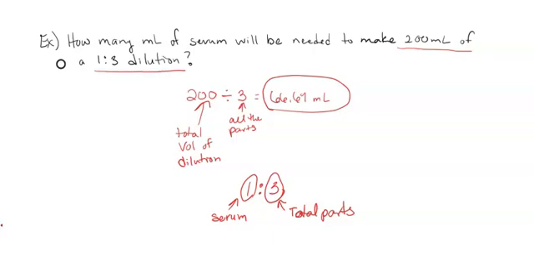Yes, we have, because we've answered how many milliliters are in one part. So one part has 66.67 milliliters, and that's equal to the amount of serum that's in the dilution.